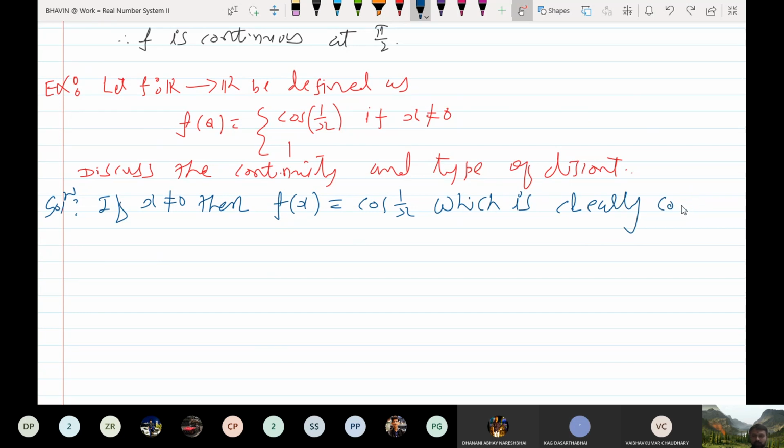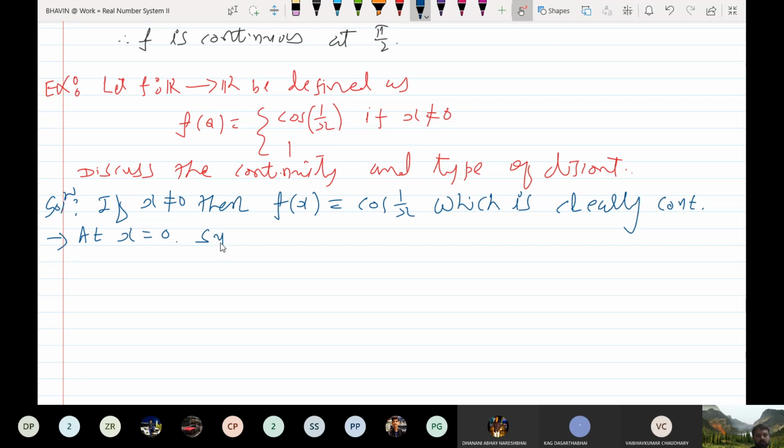So for non-zero x, now at x equal to 0, again by contradiction, suppose if possible, if you take x equal to 0, this would become infinity. Okay, so it is undefined actually.